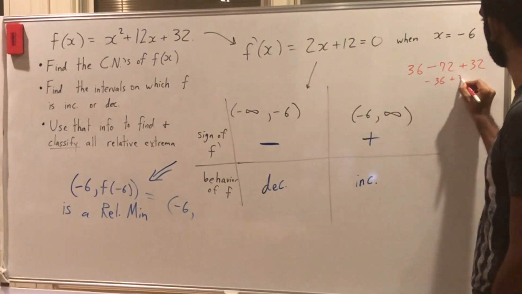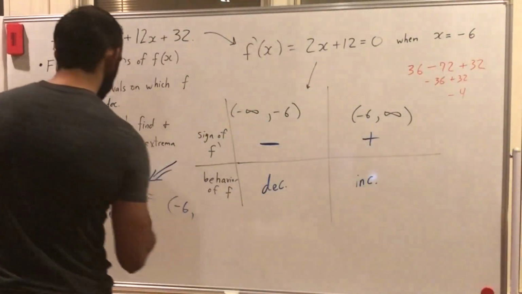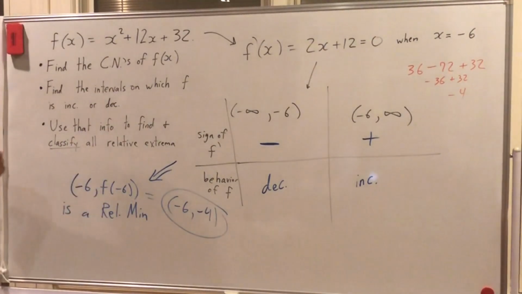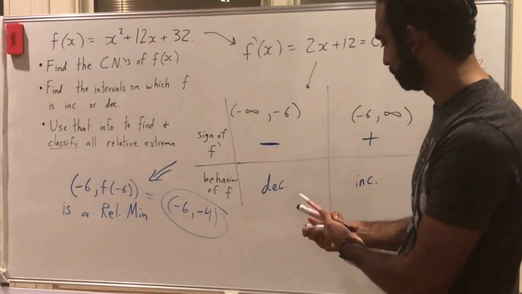Yeah, negative 36 plus 32, negative 4. That is the minimum point on this graph, and now resurrecting our knowledge of Algebra 2 and pre-calc, this is a quadratic, and this point here is the what of that parabola? Vertex. Yes.